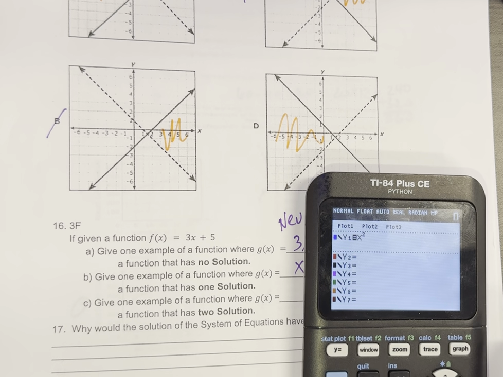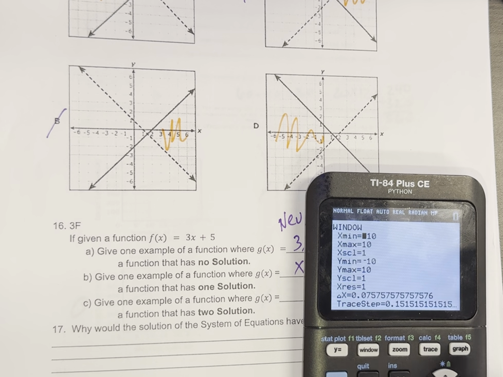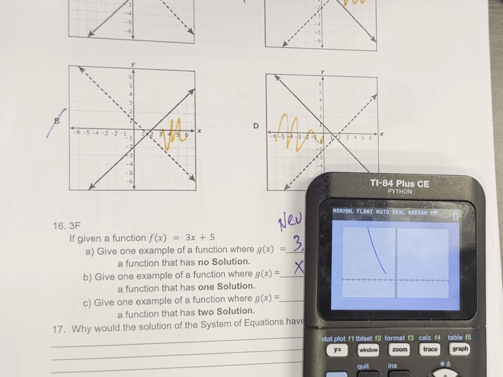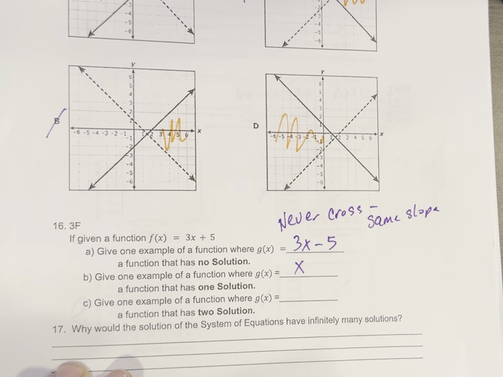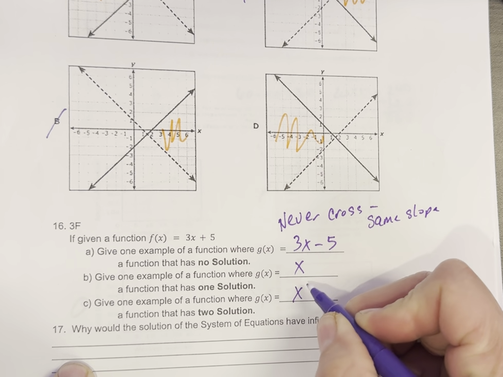So if I have y equals 3x plus 5, and if you go up, change your window and go up, you will see that it's going to eventually hit that other side. So let's change that and go up to 30, and you see how many solutions do we have? 2. So any quadratic is going to hit that line somewhere twice. So anything with x squared.